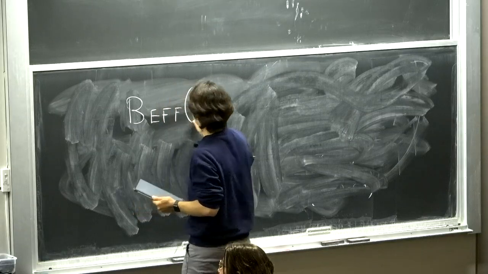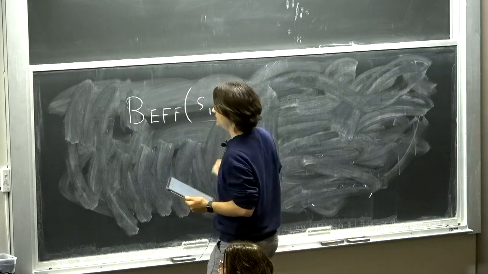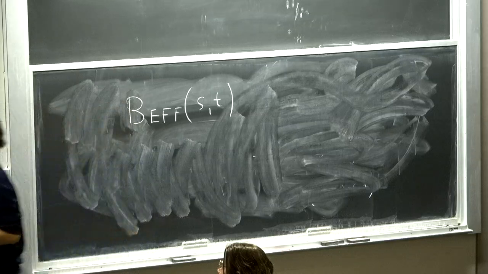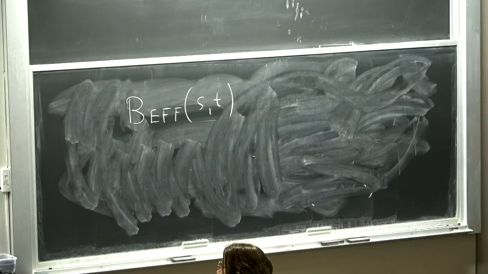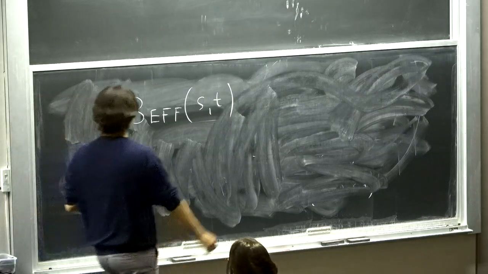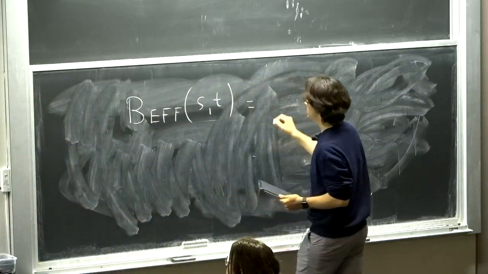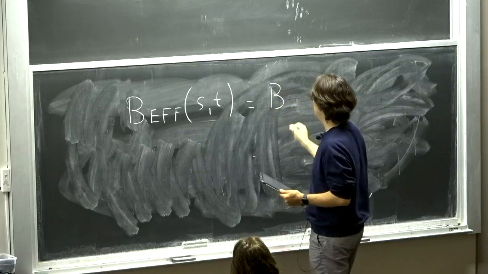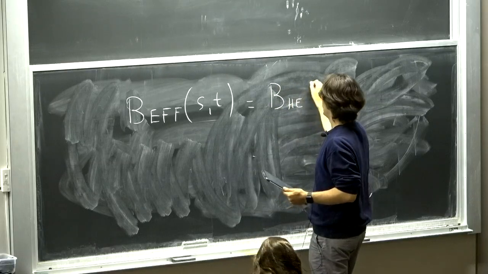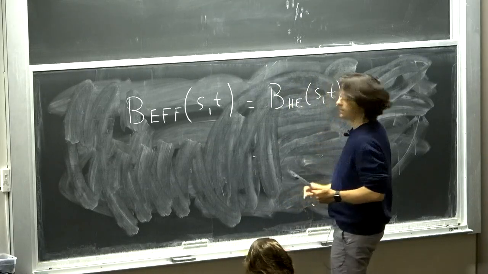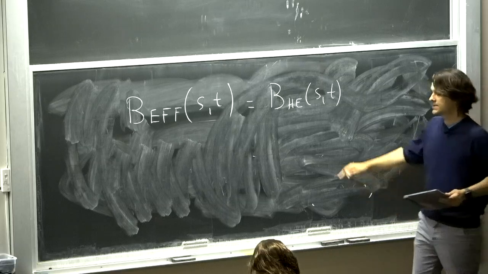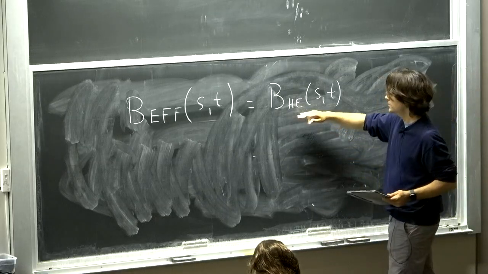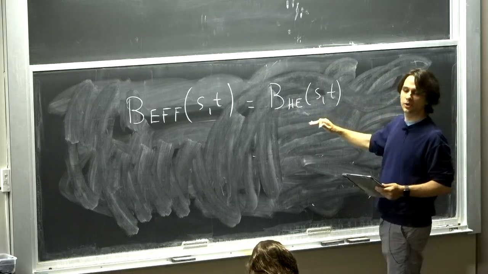This is some function that I can compute in the effective theory, which is the left-hand side. The sum rule, which comes from a dispersion relation, equals some B at high energies, which is also a function of S and T, and this is a sum over functions with unknown but positive coefficients.